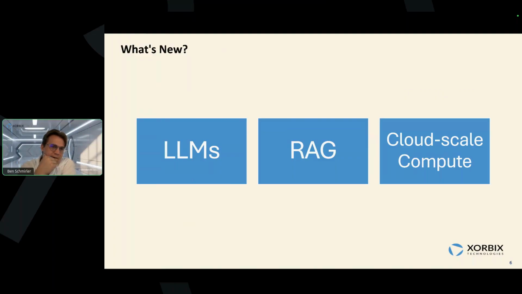So what's new is a combination of three components: LLMs, RAG, which is retrieval augmented... Someone help me out here. What's the G? What was that? Yeah, I think that's right. Let me look it up.